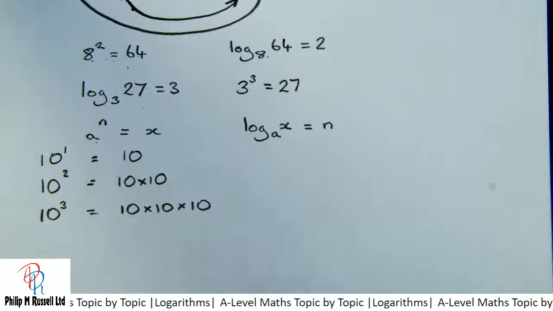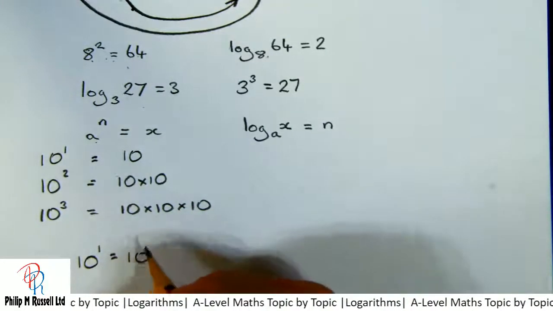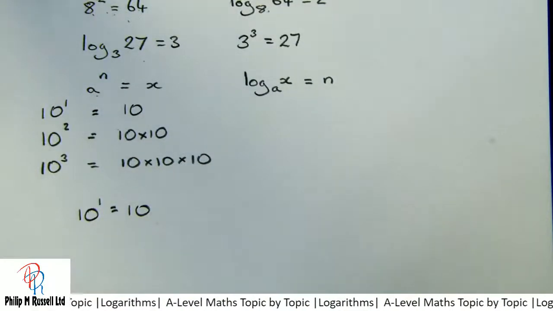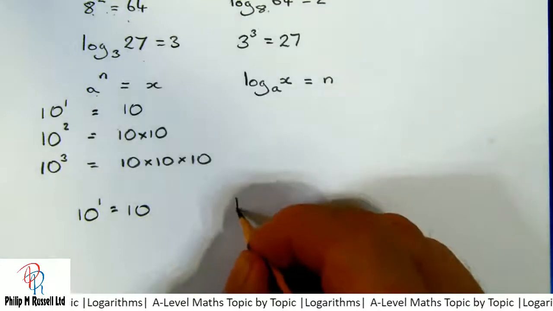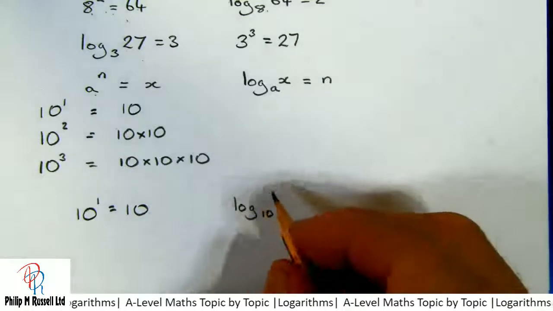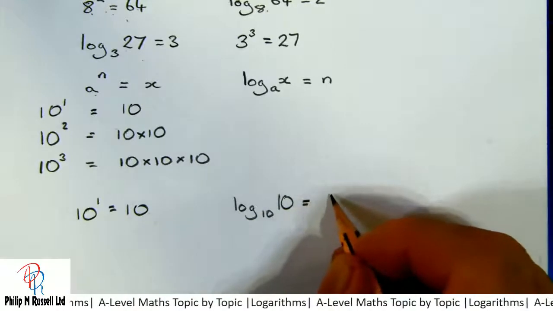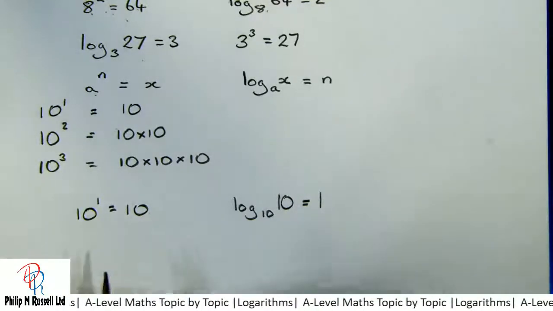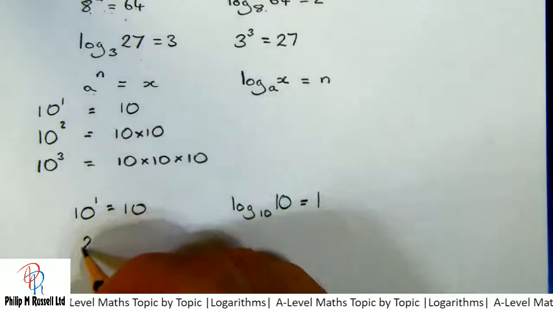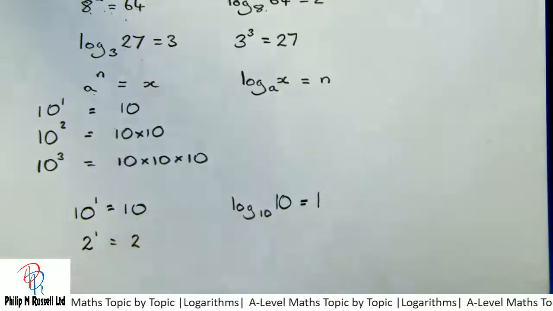So let's take that number, 10 to the 1 equals 10, and let's write that one as a logarithm. Okay, so that's going to be log to the base 10 of 10 equals 1. And if we try that for any other number, 2 to the power of 1 equals 2.